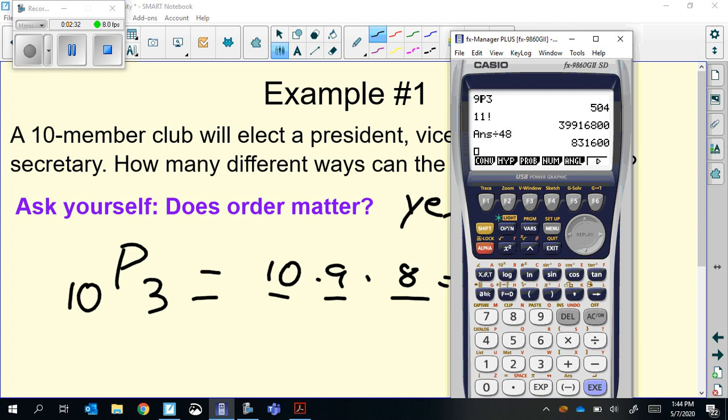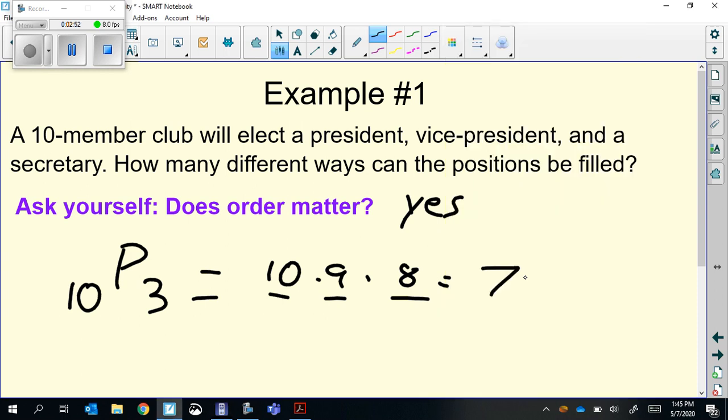So that's option, and then scroll over to probability. And there's our P for permutation. So we'll do 10P3, which is the same thing as 10 times 9 times 8, 72 times 10 is 720. Same answer if you did it by hand or calculator. Doesn't really matter.